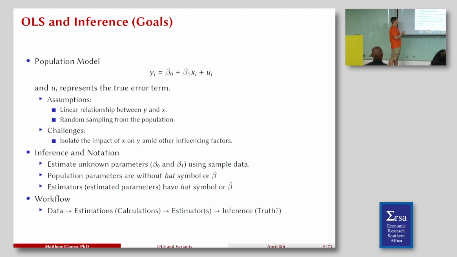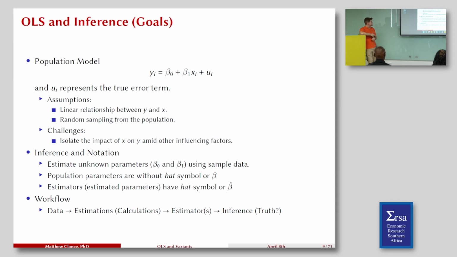U here is looking at the true error term. There are a few assumptions, but a lot of the ones we typically look at are a linear relationship between X and Y, and random sampling, which I'm not going to say never happens, but we hope most times that it's random.